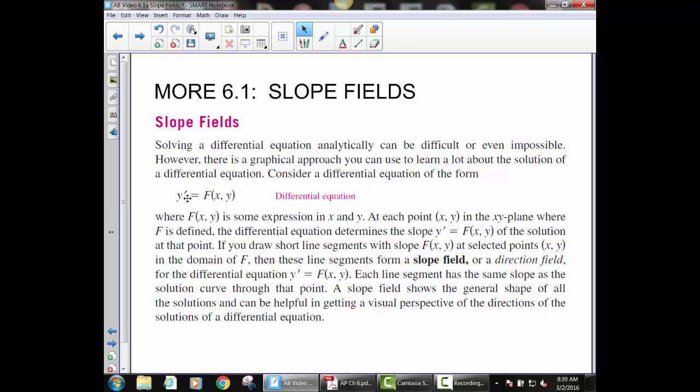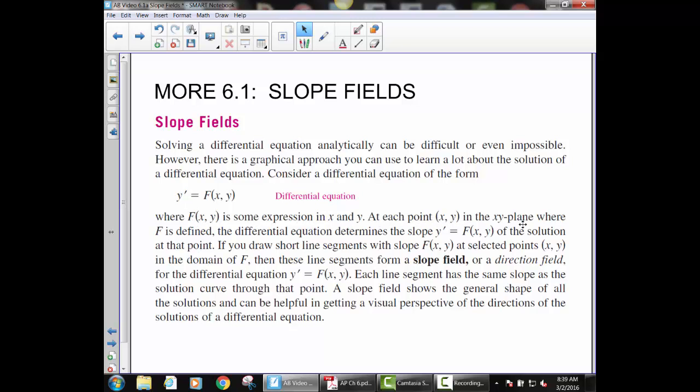What they're telling you here is you might end up with y prime equals just in terms of x, or maybe y prime is just in terms of y, or maybe y prime is in terms of both x and y. So you could have y prime equals x squared, you could have y prime equals y cubed, you could have y prime equals x squared plus y cubed, where f of x y is some expression in x and y.